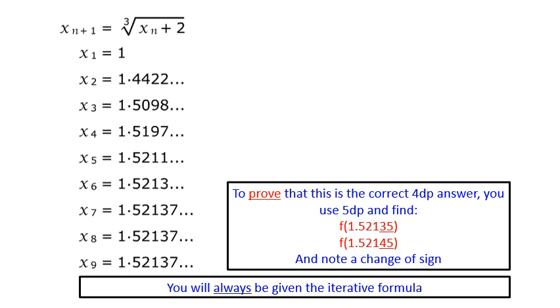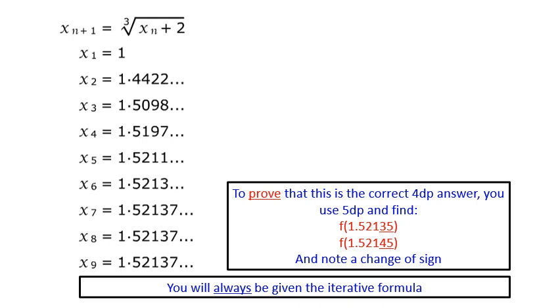You can see here that by the time we get to x6, x7, x8 and x9, they're all starting to look very similar. In fact, x7, x8 and x9 all show that to 4 decimal places we would have 1.5214.